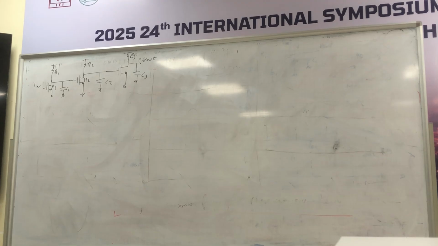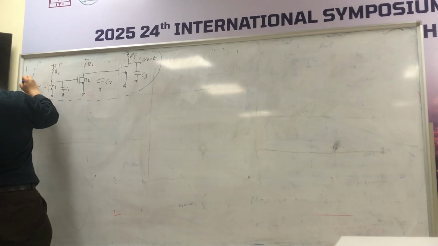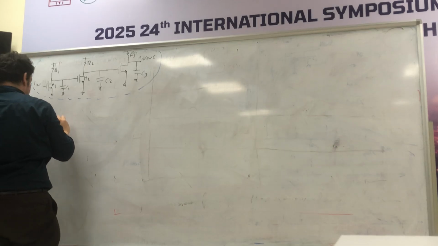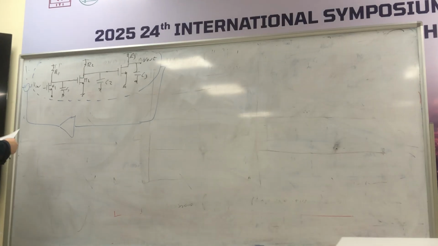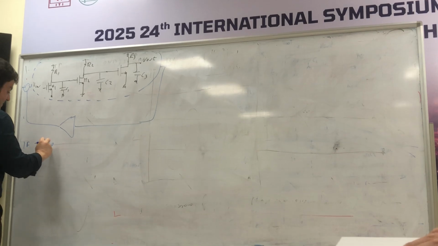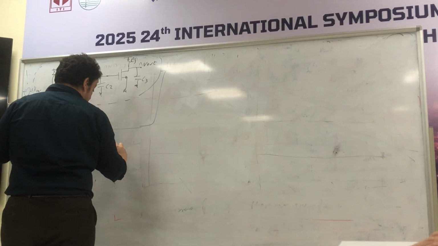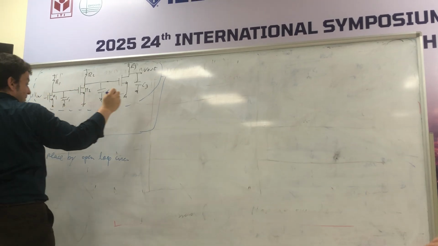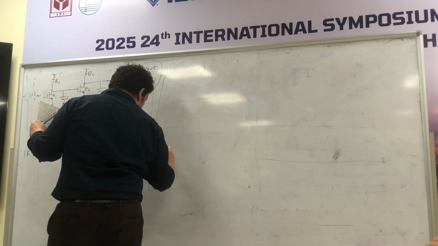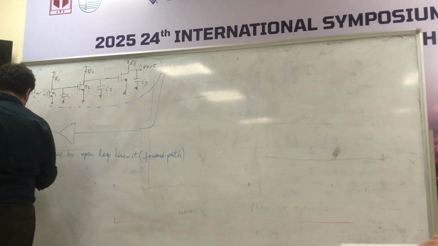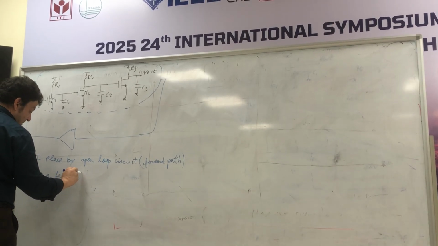So this is kind of open loop. But I imagine the question is, if I consider this network into a feedback system, if I place my open loop circuit, open loop means from here to here, I specify the forward path, into a feedback system.